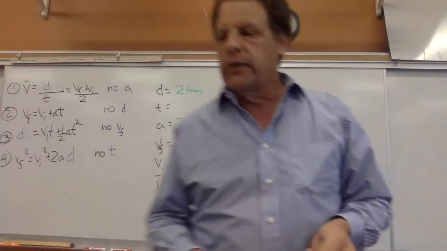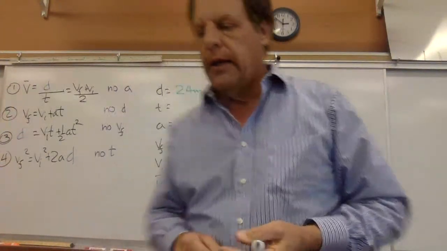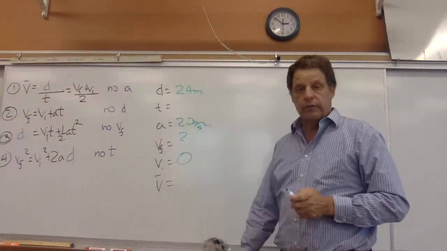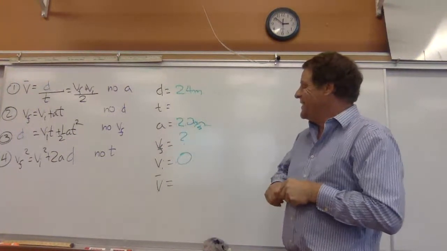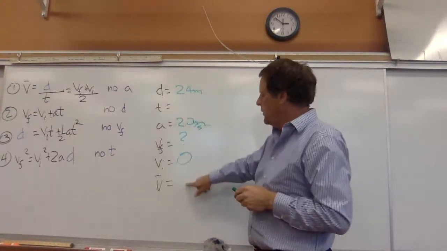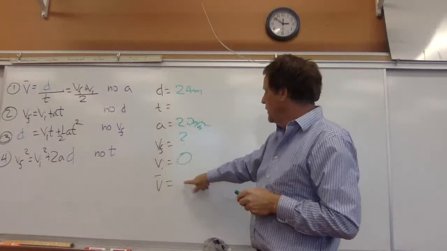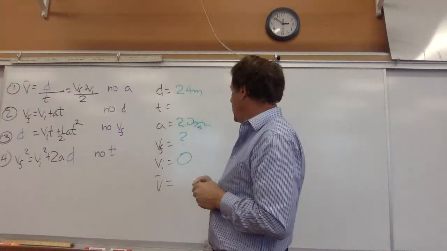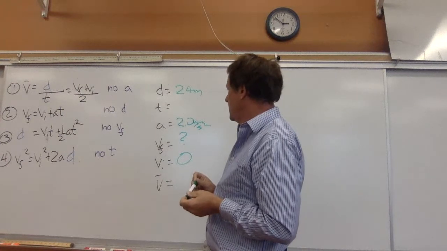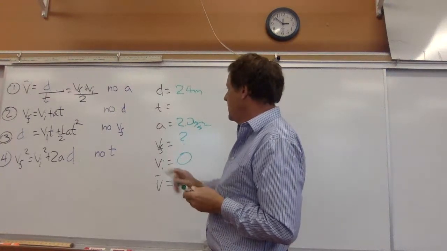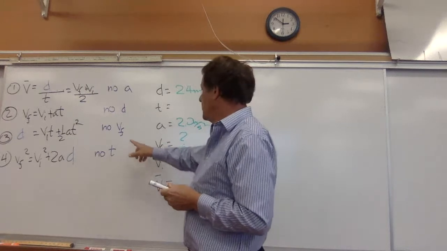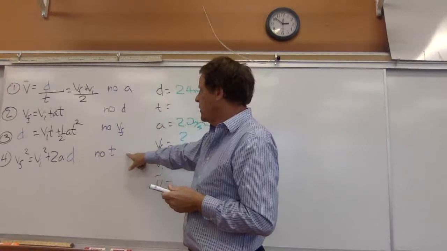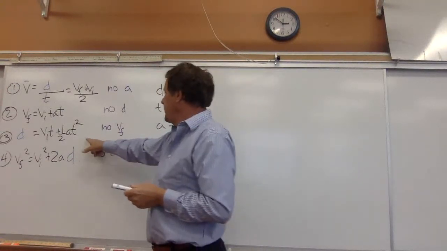And they do not give us time, and we're looking for the final velocity, and they don't give us average velocity. So one of the key things here is we don't have time and we don't have average velocity. So we're not going to use equation number 1, we're not going to use equation 3, and we're not going to use equation number 4 because it has t.